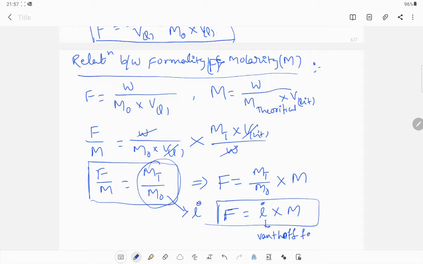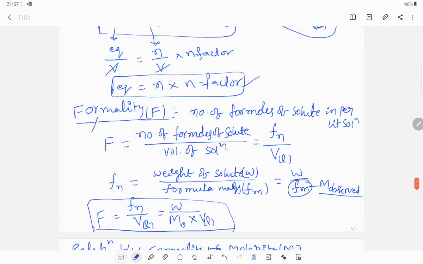It will come in colligative properties. We will discuss it very clearly there. So formality is generally used for ionic compounds.